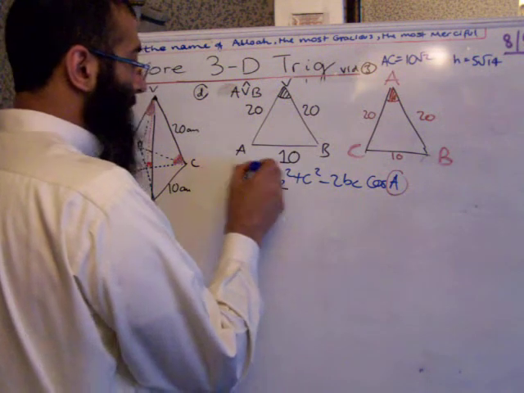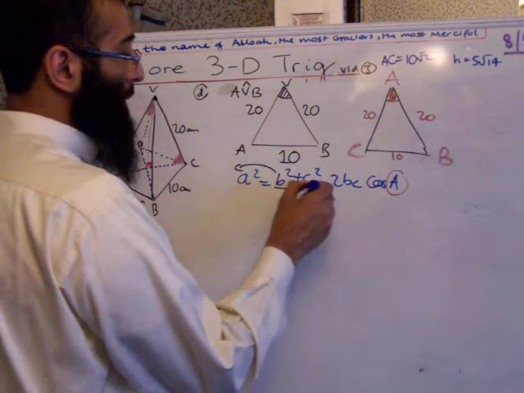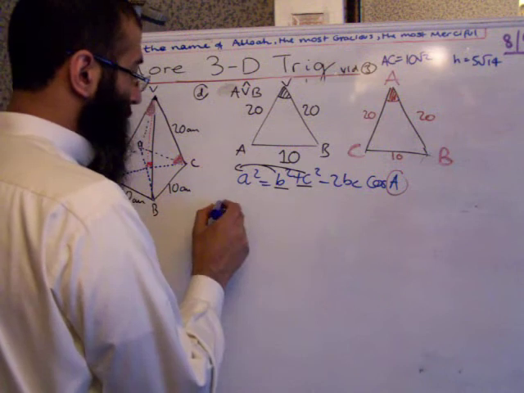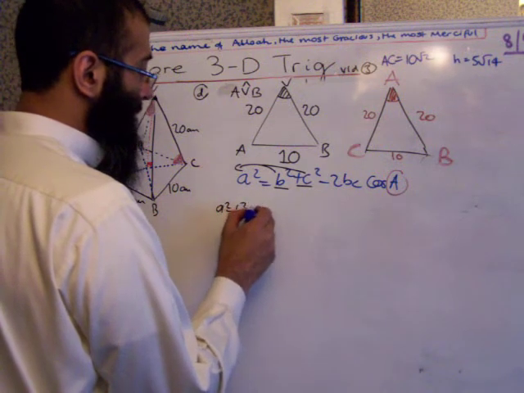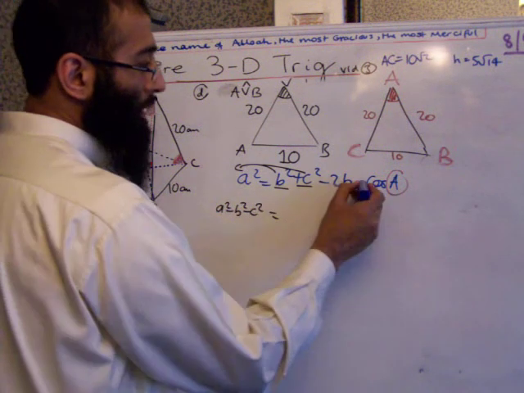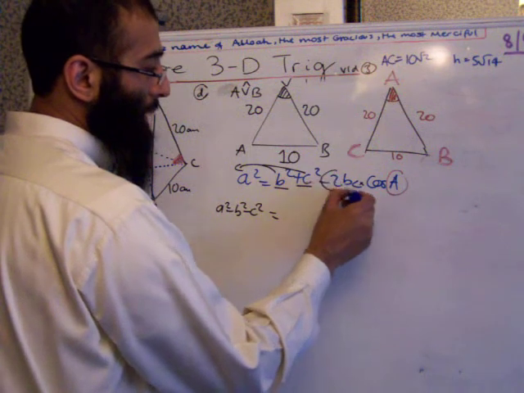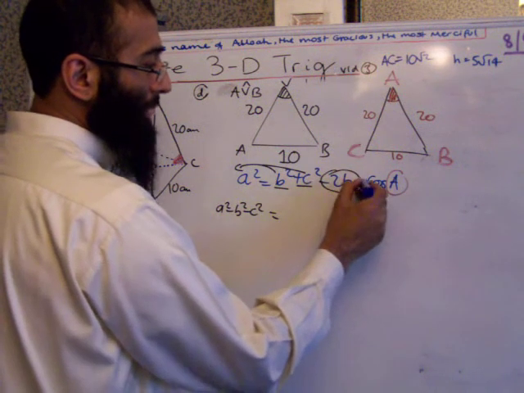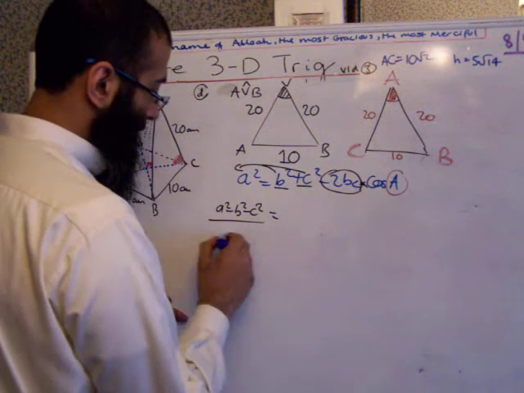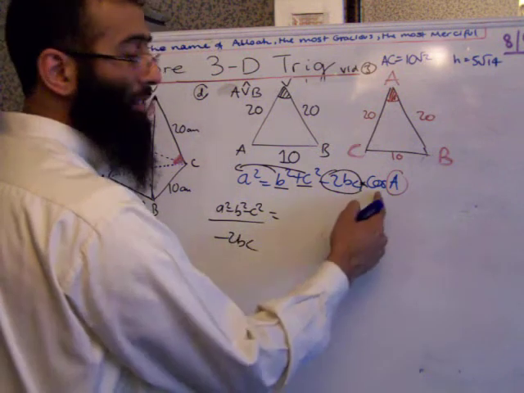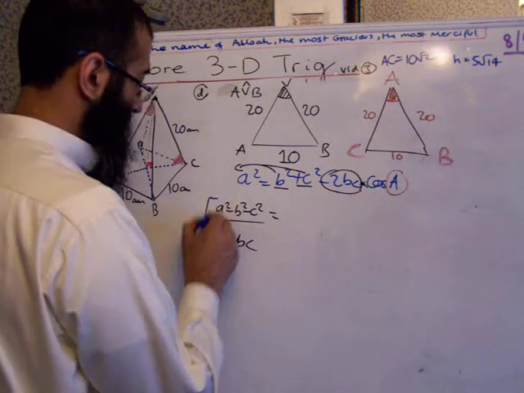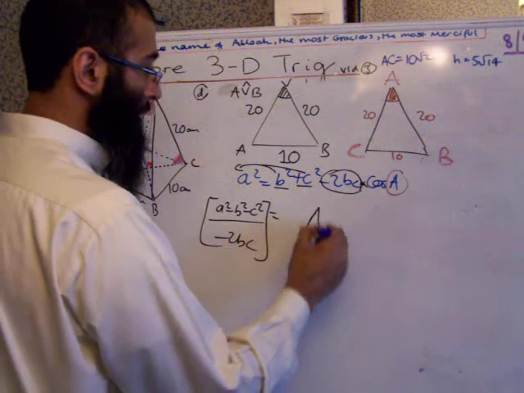The opposite of add B squared is minus B squared. Opposite of add C squared is minus C squared. So we have A squared minus B squared minus C squared. And then the opposite of times is dividing by minus 2BC. And then the opposite of cos is cos minus 1 equals A.